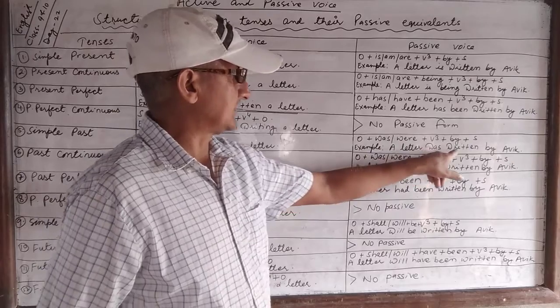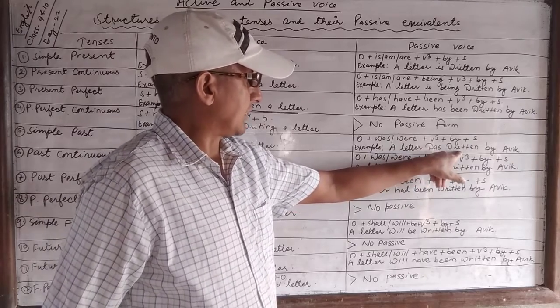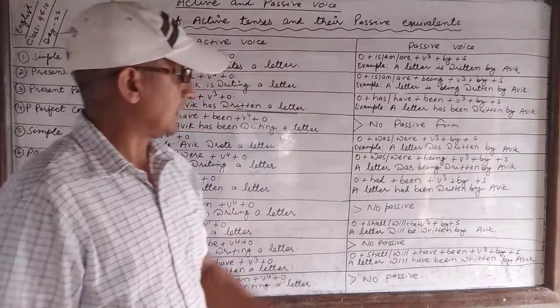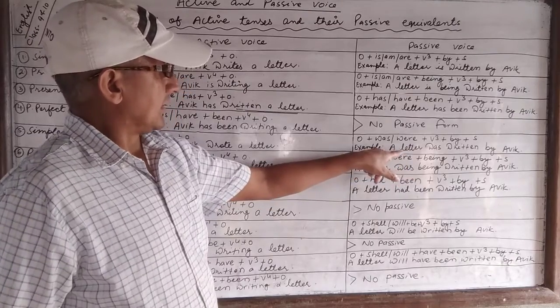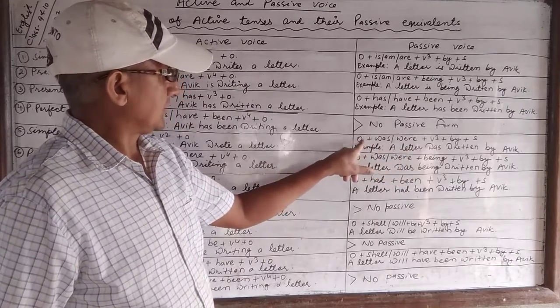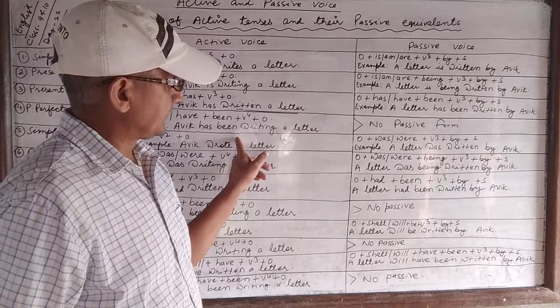Example, a letter was written by Avik. A letter is the object of the active voice.